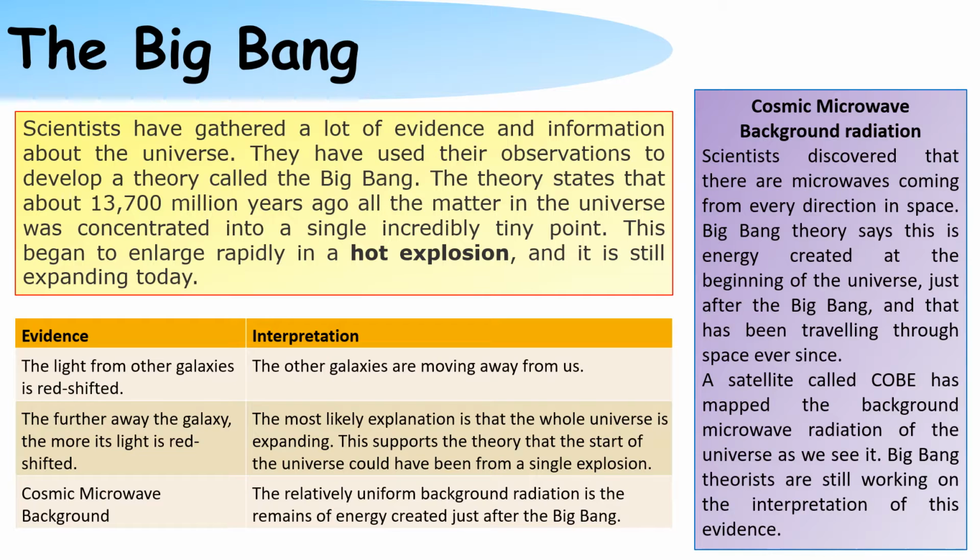So if we go back in time, then the galaxies must be moving closer together. The further a galaxy is away, the more the light is redshifted, and if we map cosmic microwave background radiation, it comes from a roughly spherical shape, suggesting that it all originated at a single point.